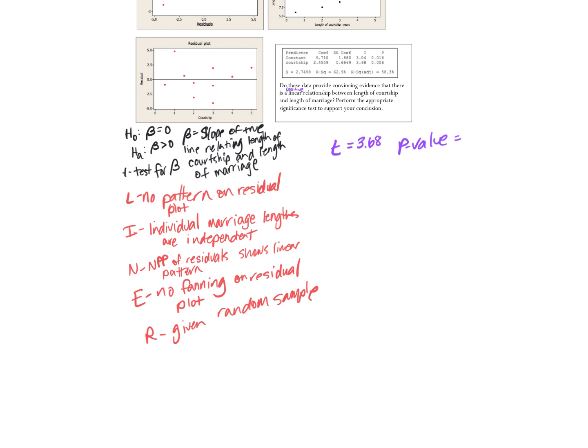Here's a hint. It is not 0.006. It's half of it. Okay, so based off of this, my picture would look like this. This area is that 0.006, leaving each of them to be 0.003. And since we're doing a positive relationship, we only care about the right-hand side.